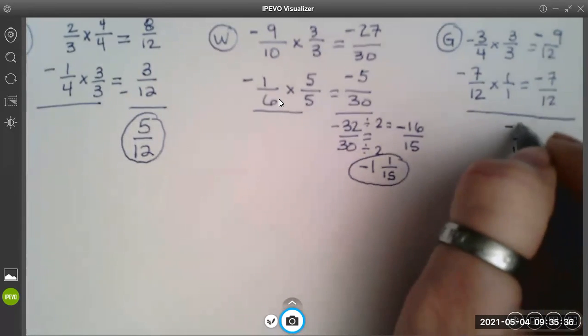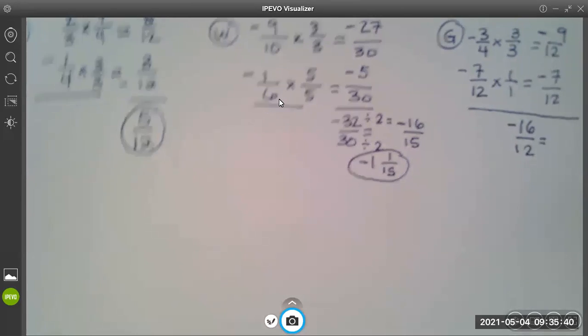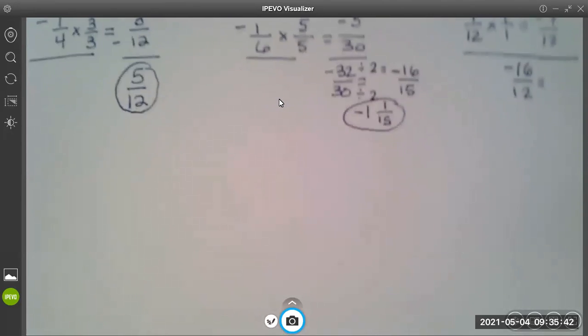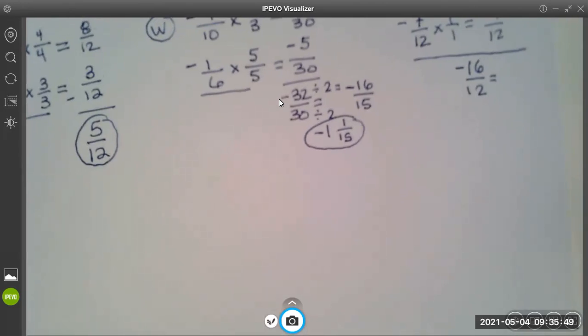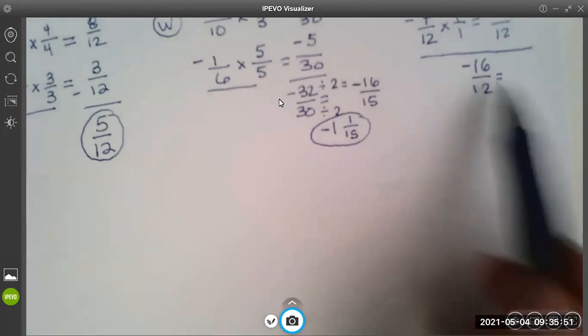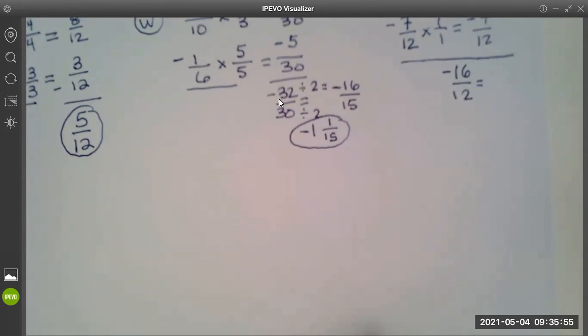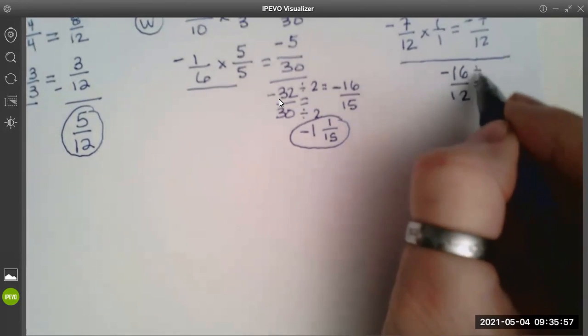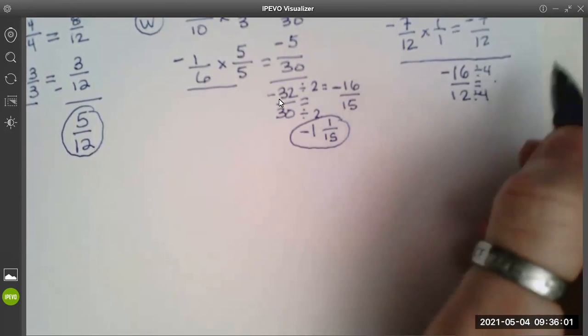Negative 16 over 12. Okay. Now, can we simplify these? What can 16 and 12 both divide by? 4, that's right. Yes, they divide by 2, but I see that there's a larger one, 4, that will work.